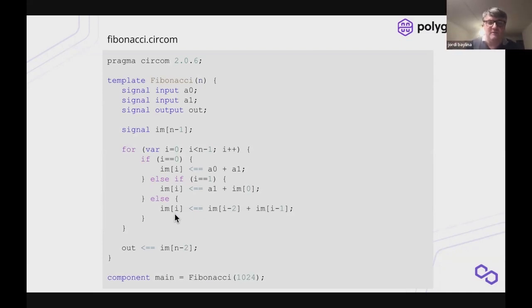Maybe you have the A0 and A1 signals, and then you compute the next signal as the addition of the last two. You create these 1024, or in this case n, intermediate signals, and the output you just assign to the last one. This is how you would do it in Circom, but here you would potentially have n gates.